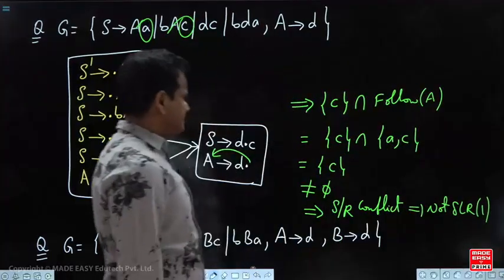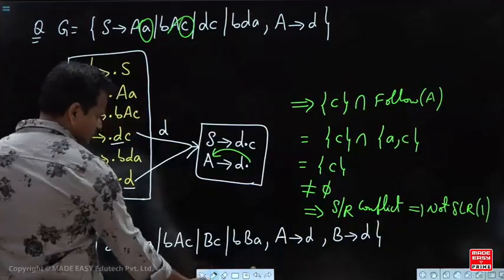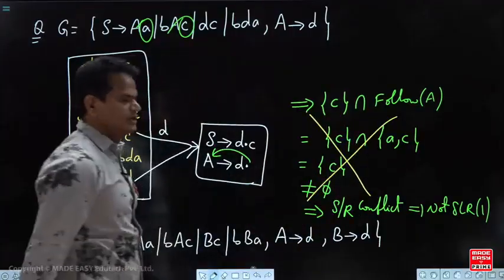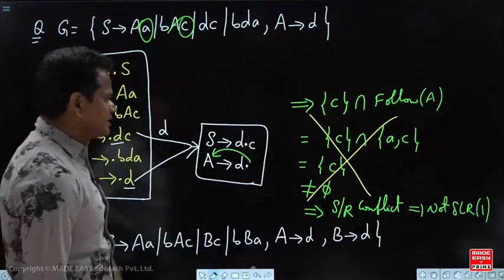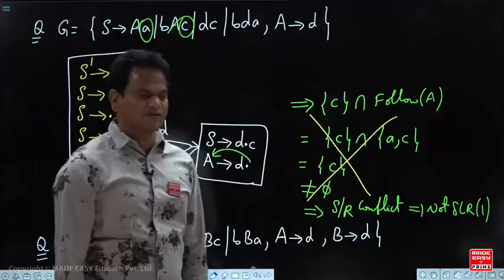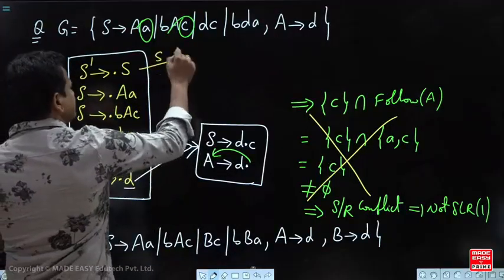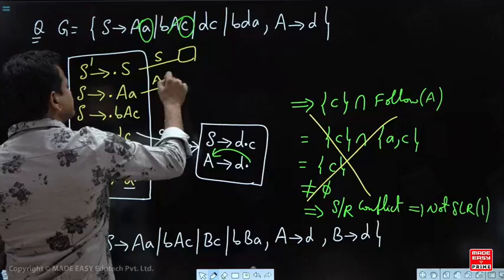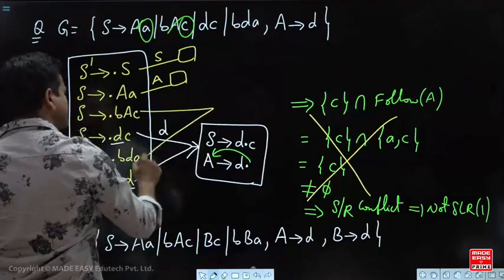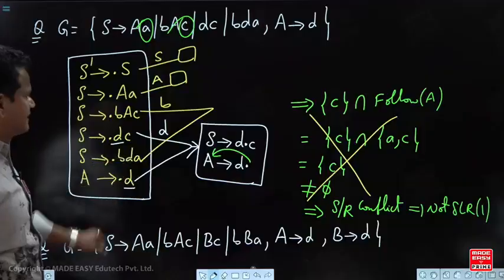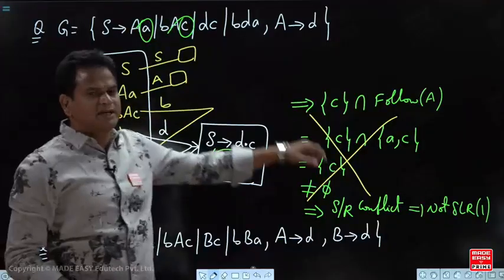One thing guys, listen. Suppose you don't get any common symbols here. Then don't decide that it is SLR of 1. Then go for the expansion of the remaining. Anyway, this is single, you don't get. This is also single, you don't get. But there is a chance of getting multiple productions here. You expand B, so there will be multiple items.